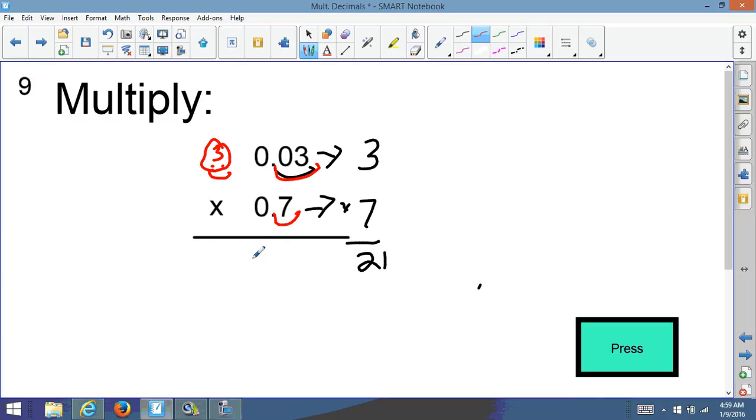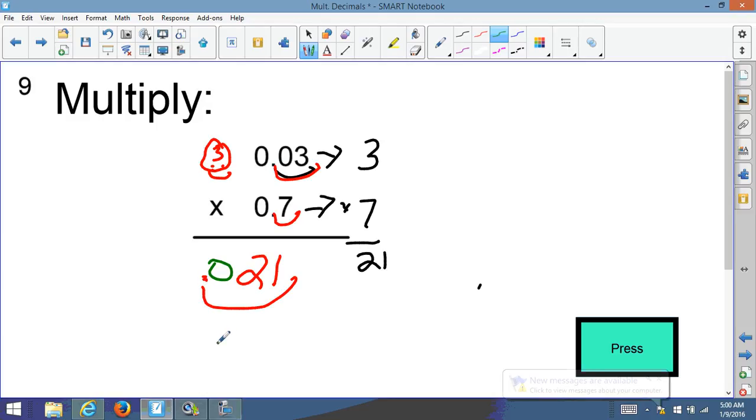So our answer, which is 21, has to have a smiley face too. And I'm going to make a smiley face, so I have to have 3 numbers to make up my smiley face. So here's going to be my decimal point. So I already have 2, so what I need to do is put 1 more number to represent my 3rd number, because I have to have 3 numbers behind my decimal point. So I'm going to put a 0 placeholder there, and that'll be my smiley face.